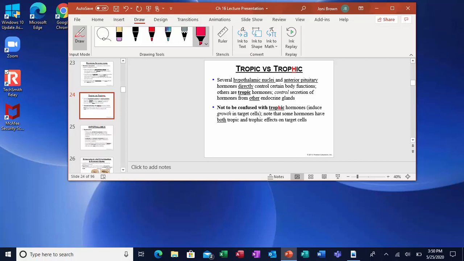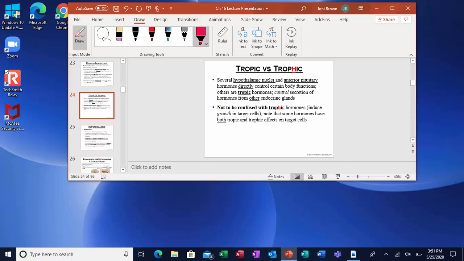Now, there's two types of hormones in your body. There's the tropic and the trophic with the H. The tropic hormones will control secretion of hormones from other endocrine glands, like the hypothalamus controls what the anterior pituitary releases, and it controls what the ovary does.